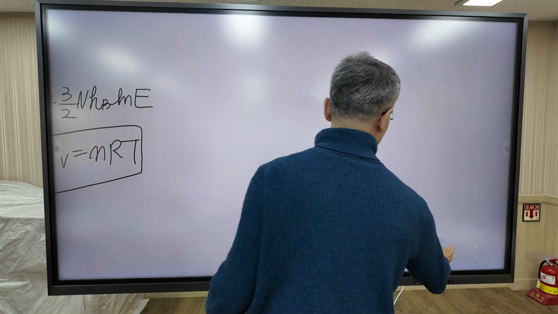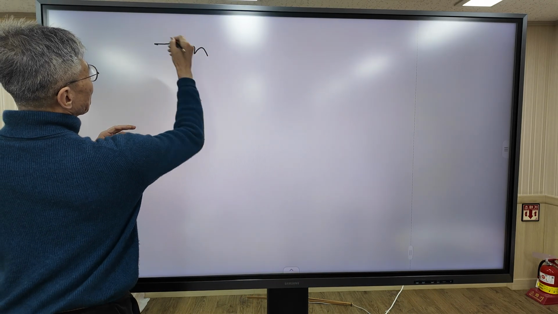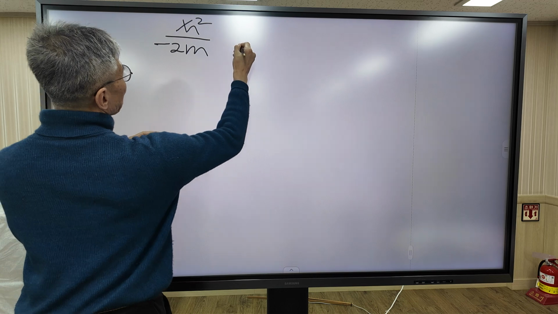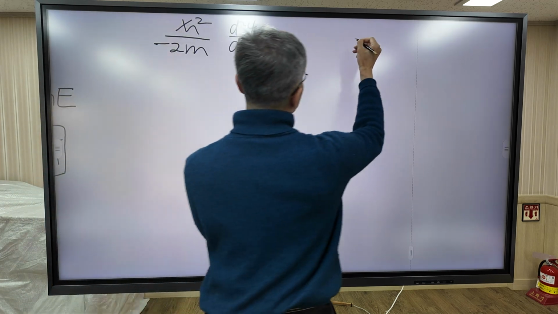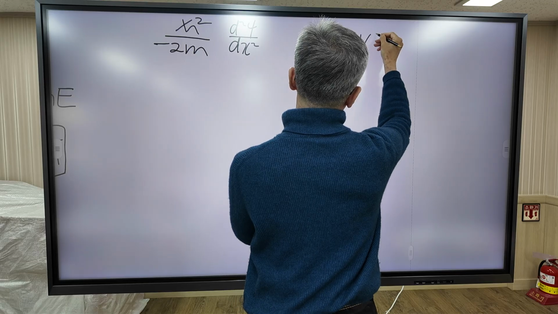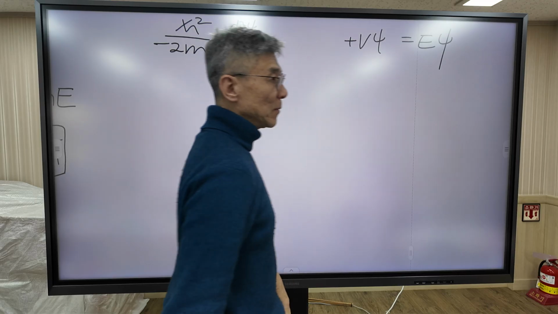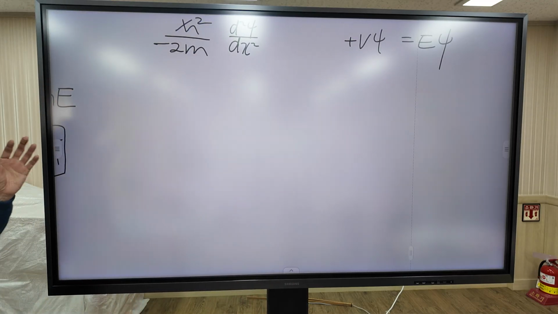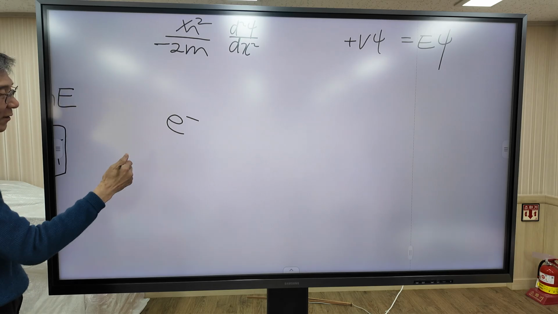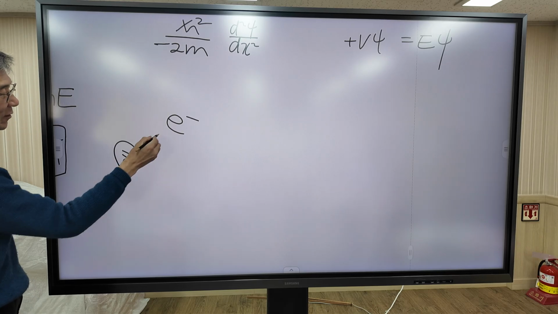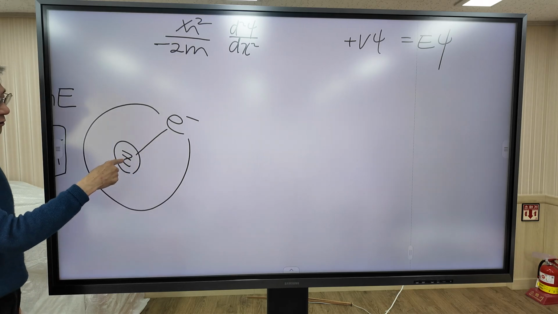Up to now, we solved this Schrödinger equation. Now, the electron is in the atom, with the nucleus in the center, so the electron faces attraction due to the nucleus.